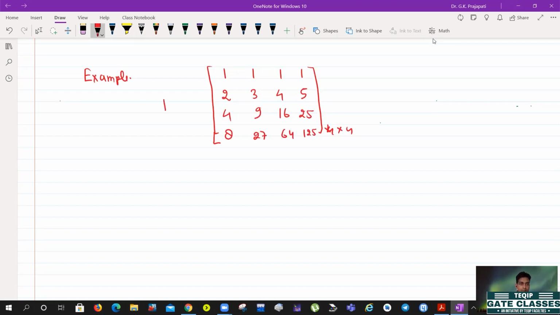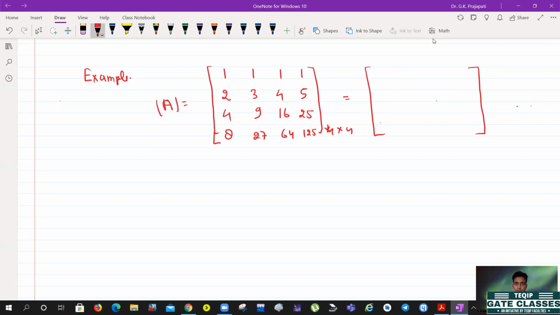And you have to find the determinant of this matrix. If you go through the traditional methods, then it will take a lot of time. But if you identify that this is a Vandermonde matrix, then the determinant can be found very easily.